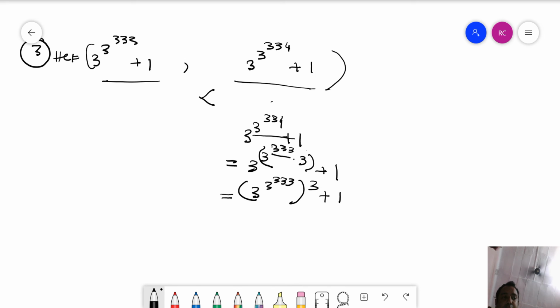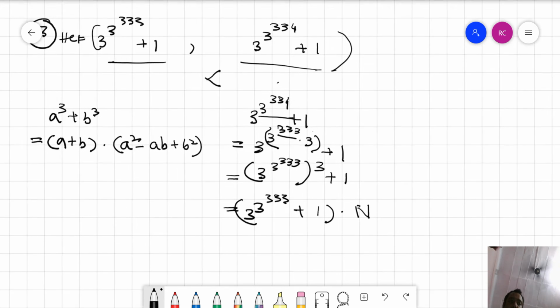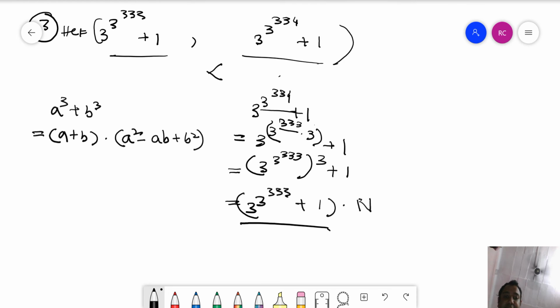Now, as we know, the formula a cube plus b cube gives us a plus b multiplied by a squared minus ab plus b squared. So this gives us 3 to the power 3 to the power 3, 3, 3 plus 1 multiplied by some number. We put it as n. What we notice is this is the same as this.